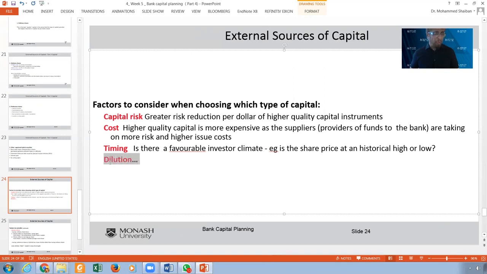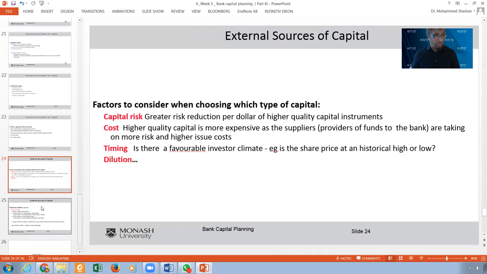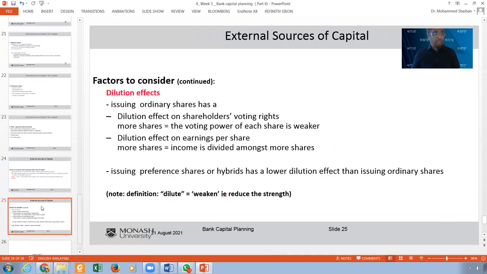And then we have also to consider the issue of dilution. And I think accounting people know what I'm talking about when we talk about dilution, and I think most of you already knew. So dilution effect is when I issue more common stocks, actually I'm decreasing the earnings per share, because the earnings per share is the net income over the outstanding shares.